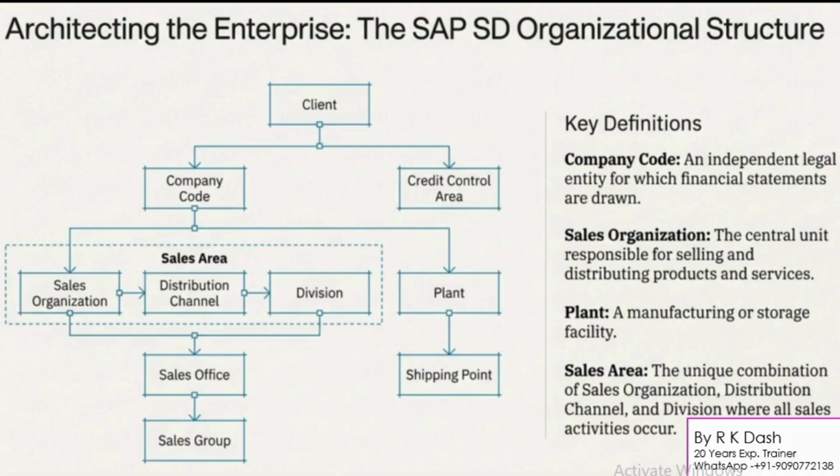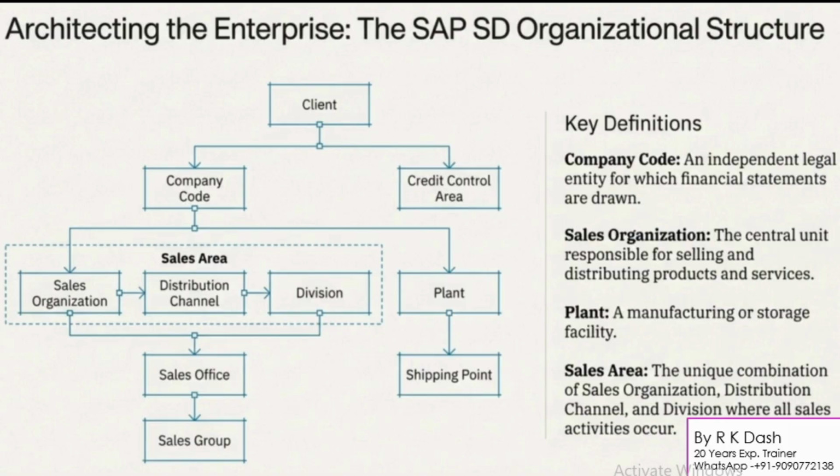Next is the plant. Plant is the manufacturing or storage facility where manufacturing happens and material is stored. Each plant will have multiple storage locations where the material can be stored.